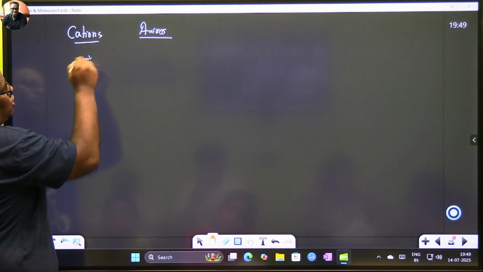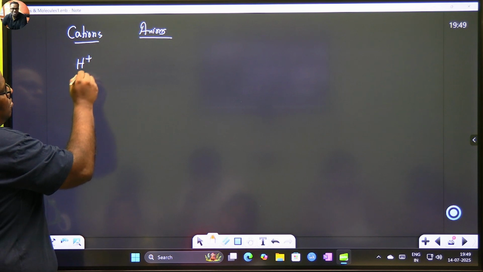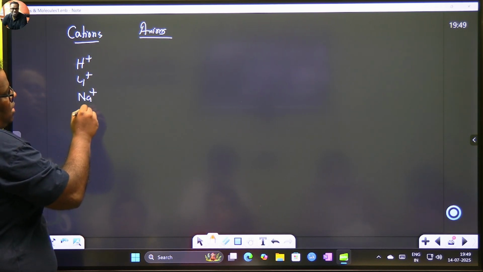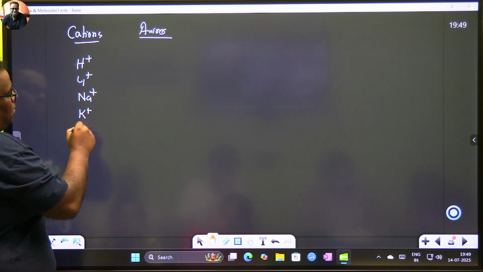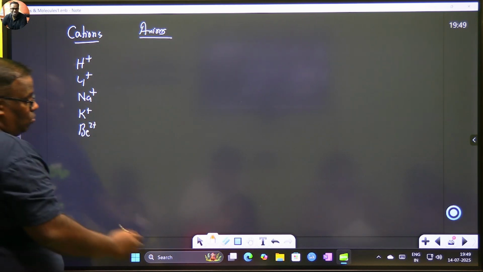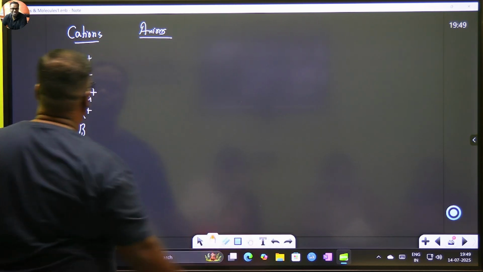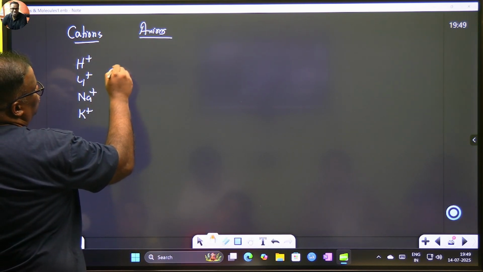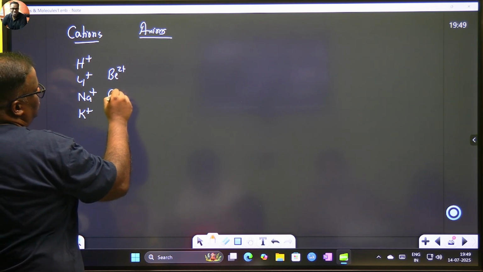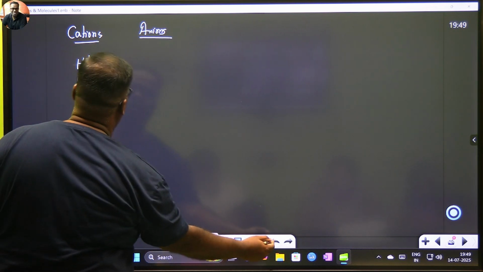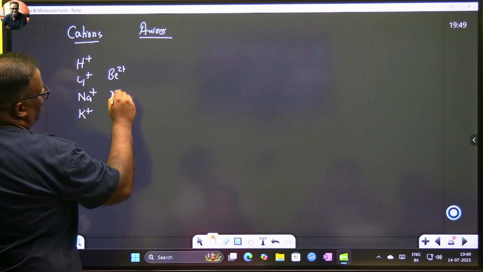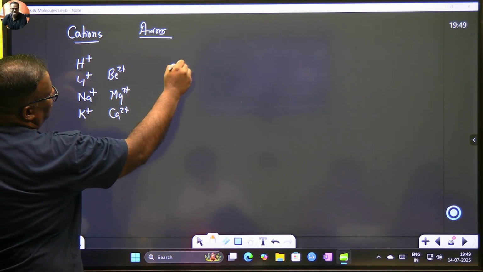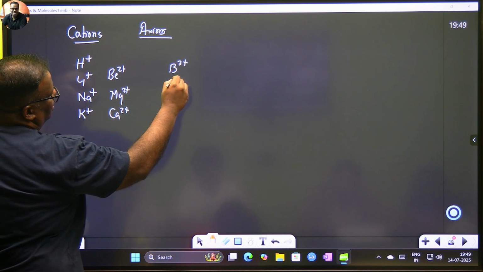Hydrogen like H plus, then lithium Li plus, sodium Na plus, potassium K plus, then you have beryllium Be2 plus, क्योंकि वो ग्रुप 2 में है ना. आओ थोड़ा और अच्छे से लिखते हैं. बेरिलियम यहाँ पे है Be2 प्लस फॉर्म करेगा. मैग्नीशियम आएगा यहाँ पे. मैग्नीशियम Mg2 प्लस, Ca2 प्लस, बोरॉन 3 प्लस, एल्यूमिनियम 3 प्लस.